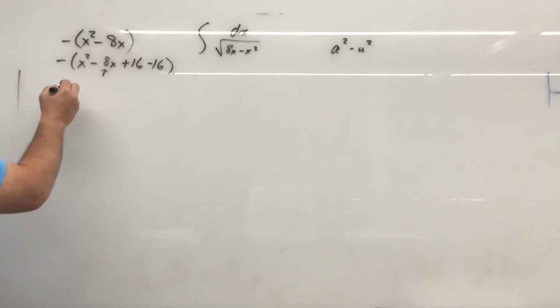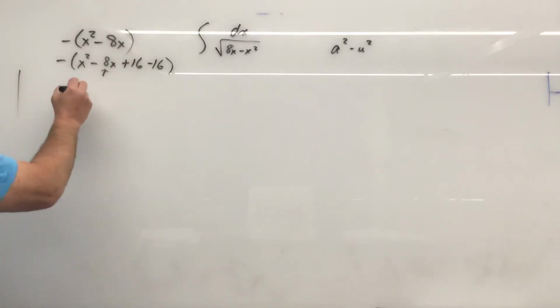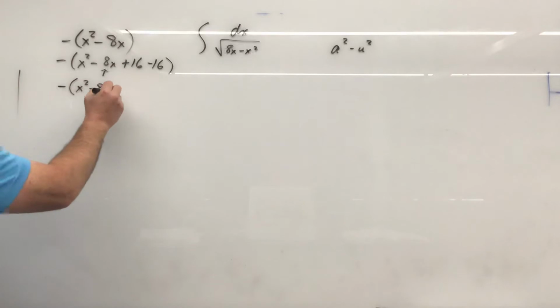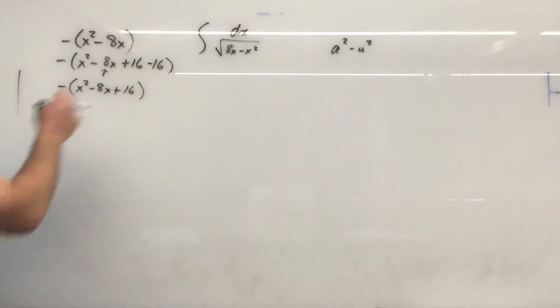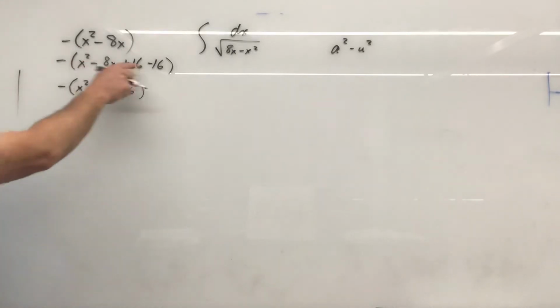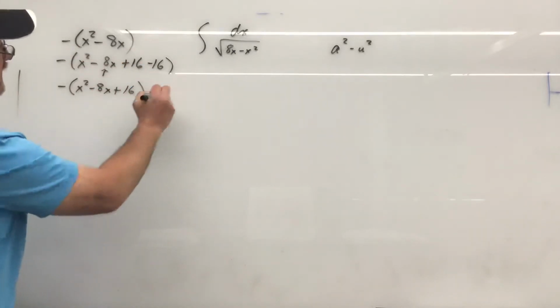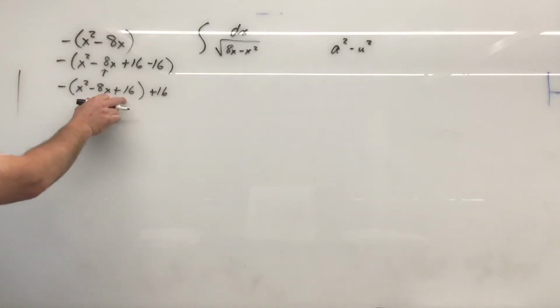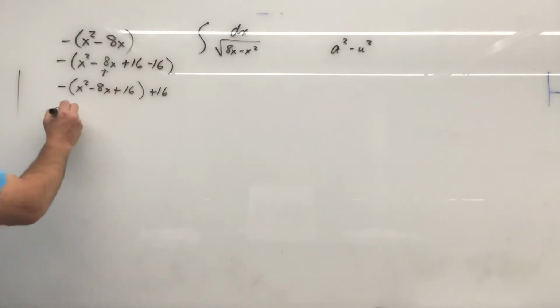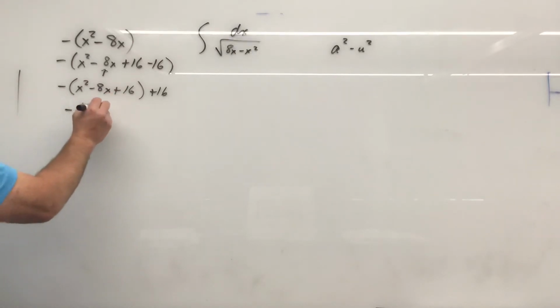But now I can rewrite that like this, where I distribute the minus sign only to one term here. That would be minus and minus 16 makes this a plus 16 out here. Now in completing the square, I've done it here. That is x minus 4 quantity squared. So I rewrite that this way.